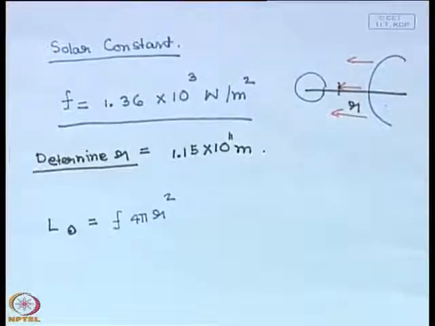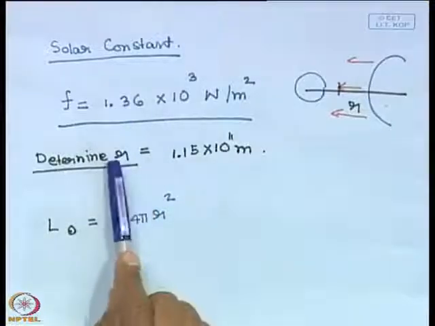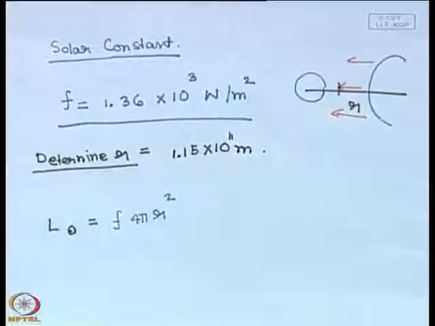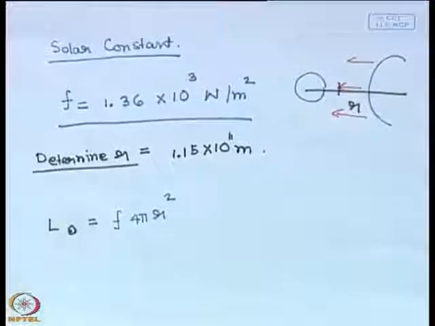Right. So these two things are directly measurable, and this can be determined from a variety of observations. So once you know these two things, you can determine the total radiation that comes out from the sun. This is the solar luminosity.